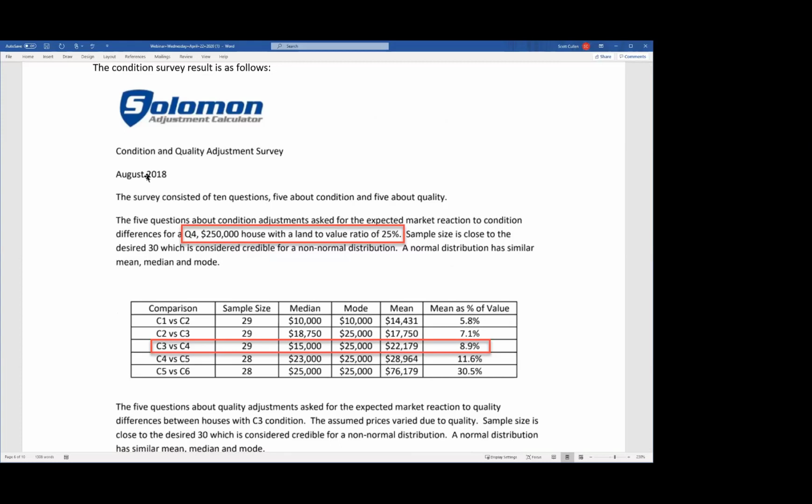But for things like condition, I think we can use this, and again, this is secondary data. It doesn't relate to the comps used in the report or the comp pool or the particular market. This is just a robust sample size of appraisers who do this for a living. And when we pool their responses together, we get an answer that's pretty dependable.